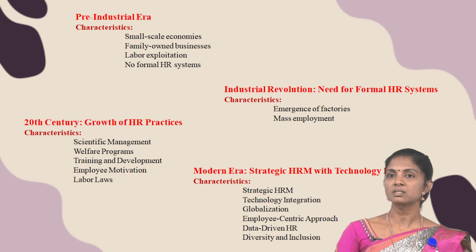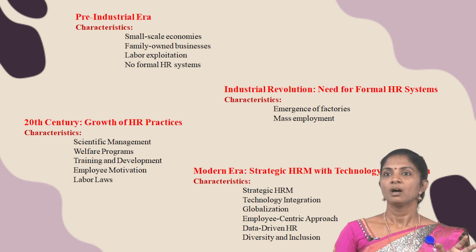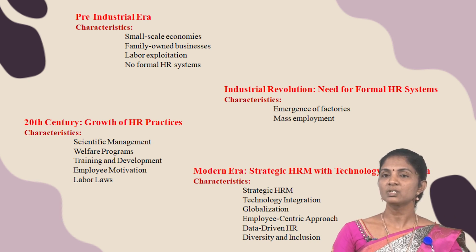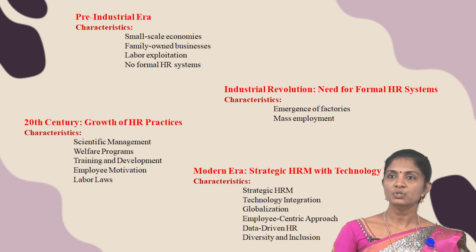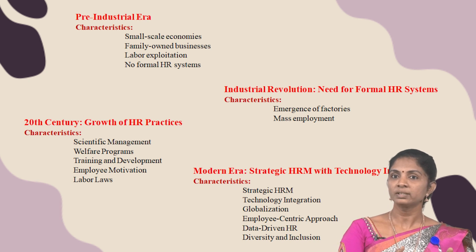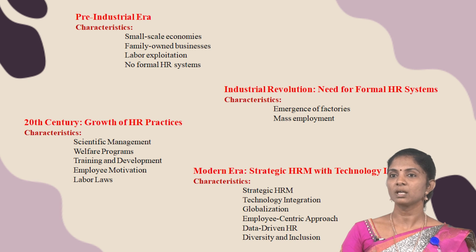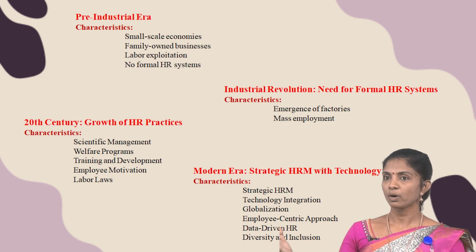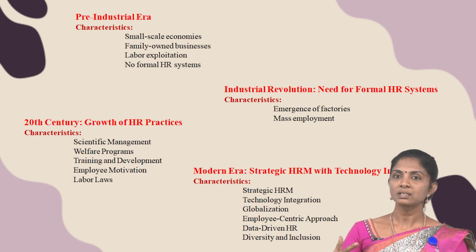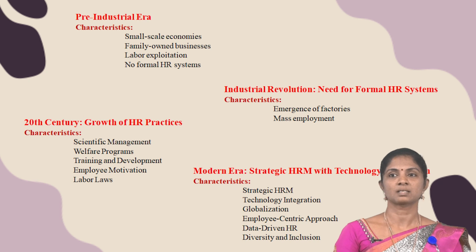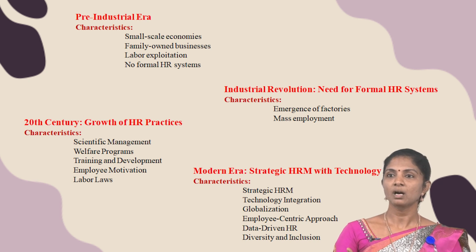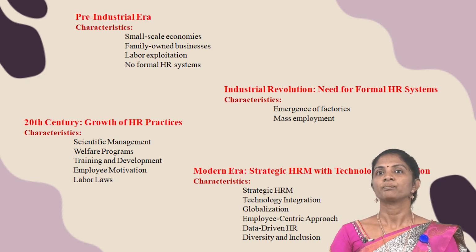Because of the emergence of factories with the rise of industries, large-scale production required structured labor management. So mass employment, because of the need for a large workforce, created new challenges such as working hours and wages.